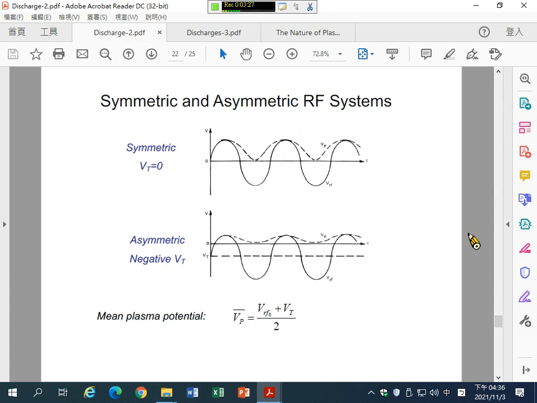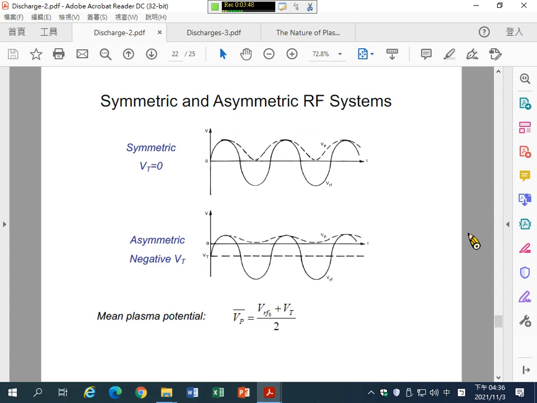Okay. So in this figure, in an asymmetric system, we can plot the plasma potential again, so that the dashed line here is the plasma potential varying with time.